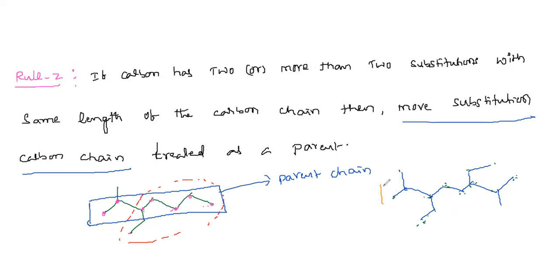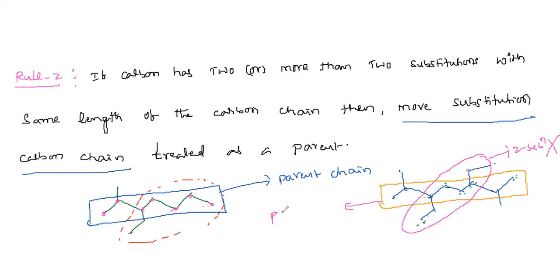If you consider this one as the parent chain, 4 substitutions are there. If you consider this other one as the parent chain, here only two substitutions. So don't consider this one as the parent chain. Always the chain with more substitutions we consider as the parent chain.